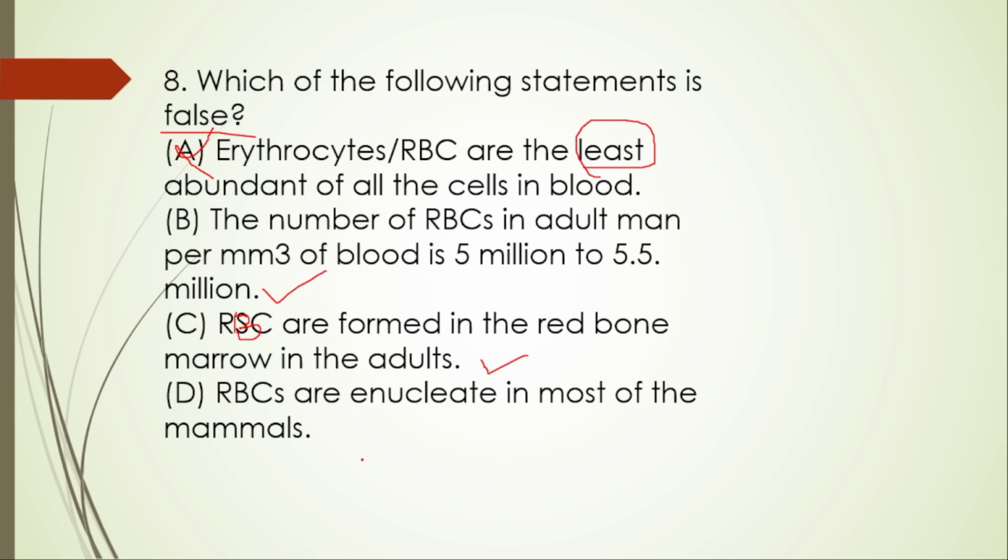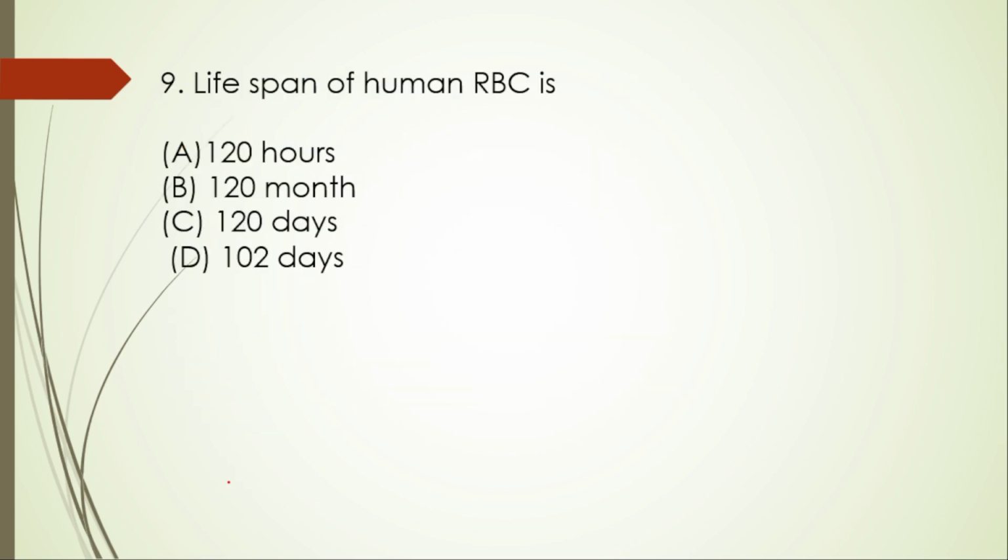Mammalian mature erythrocytes lack a nucleus to provide more space for the hemoglobin, which increases oxygen carrying capacity. So this one is right. So which one is false among them? This one. Option A is right here.